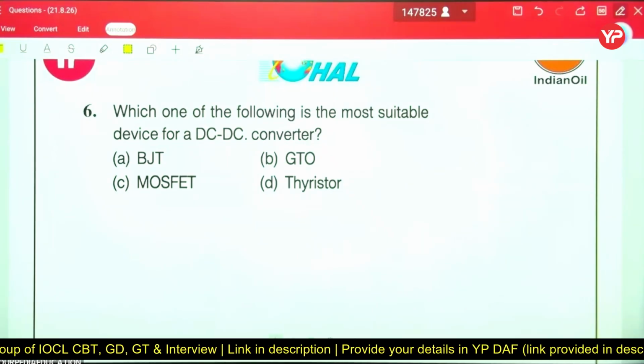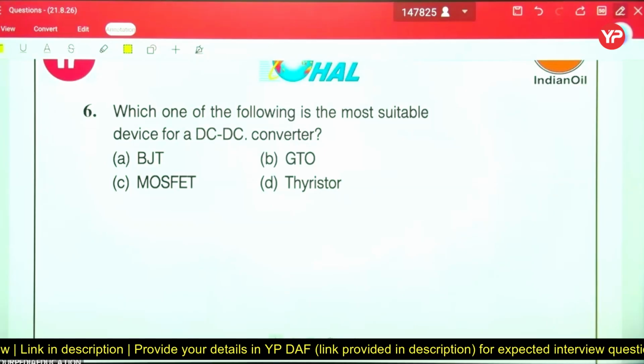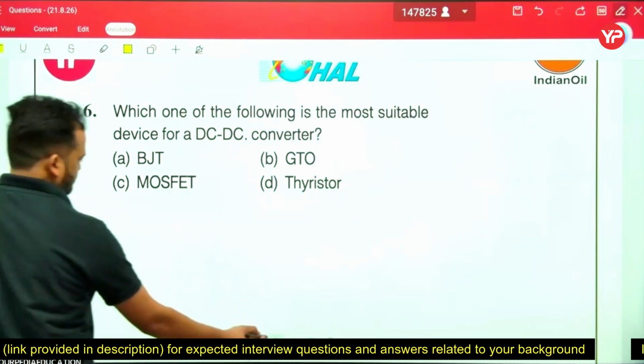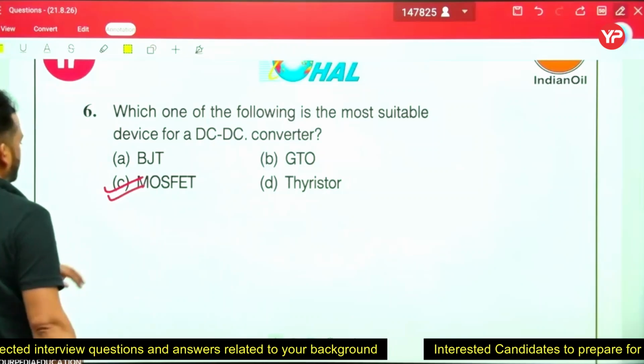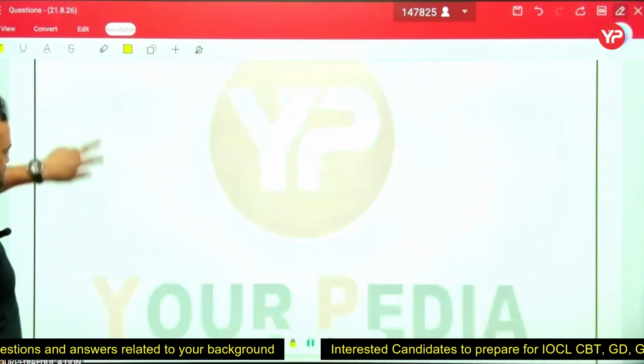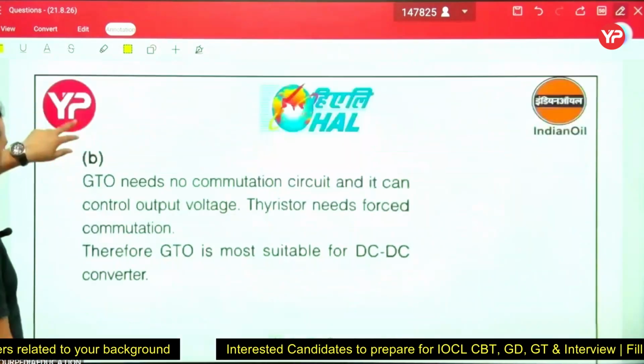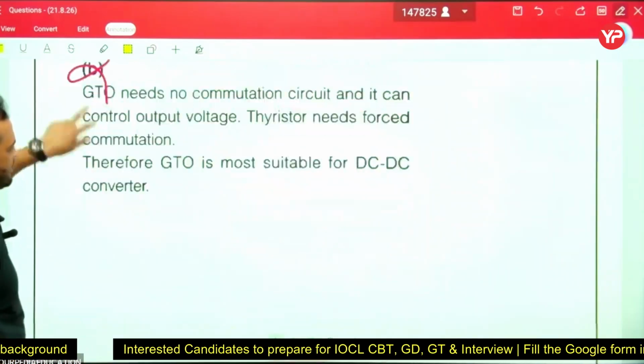Yes, option C is the right answer. Option C is the right answer. Option C is the right answer.